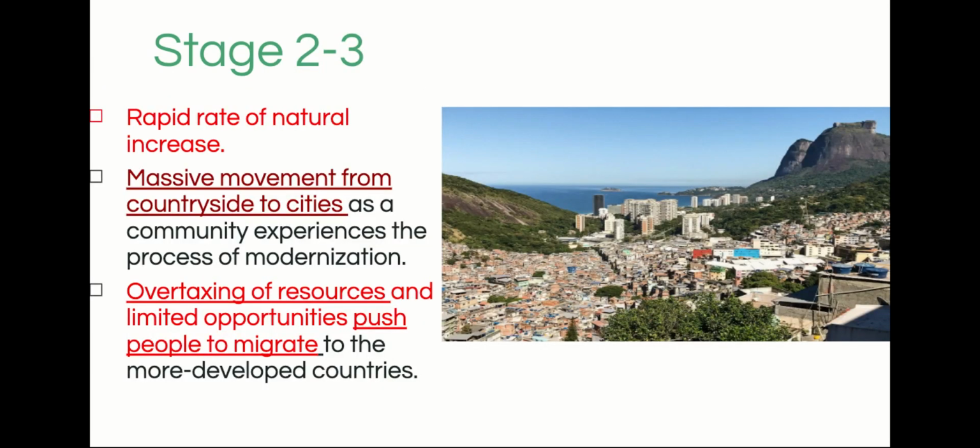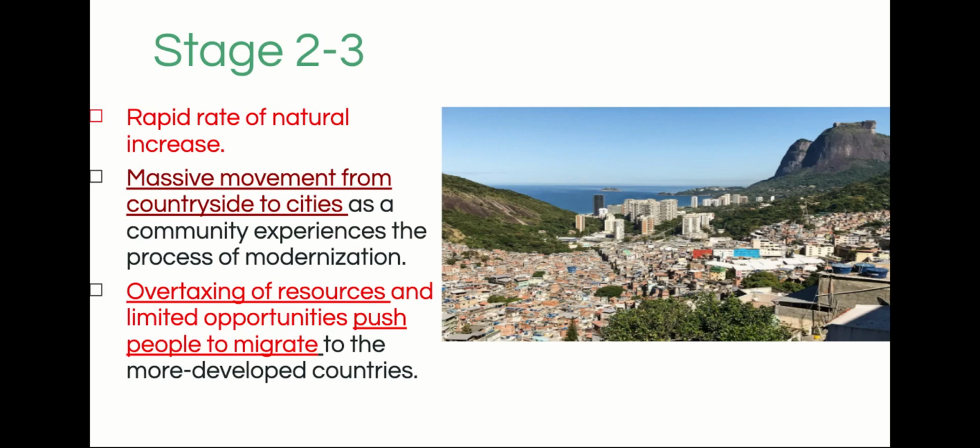Stage 2 and stage 3 of Zelinsky, this is where you have that rapid population increase. Remember, our population pyramids look like a true pyramid. And this is where you have tremendous movement from rural to urban, from countryside to city. Okay. And so sometimes, especially in our modern era, you can look up cities that look like this, where resources are really pushed to the hilt and are strained.